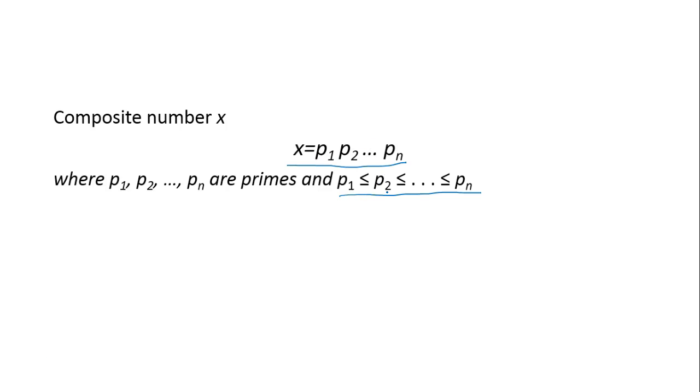So p1 is less than or equal to p2 is less than or equal to etc. up to pn. If we do that, then we can confidently say that the way the number is factorized is unique. Once you arrange the prime factors in ascending order, there is only one way you can write the composite number as a product of prime numbers.